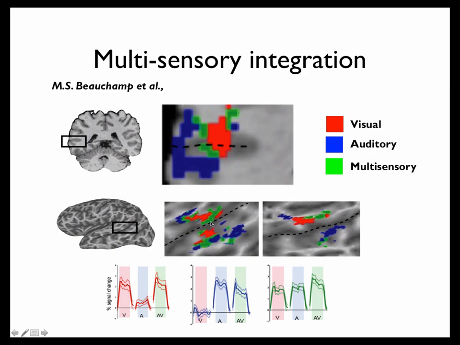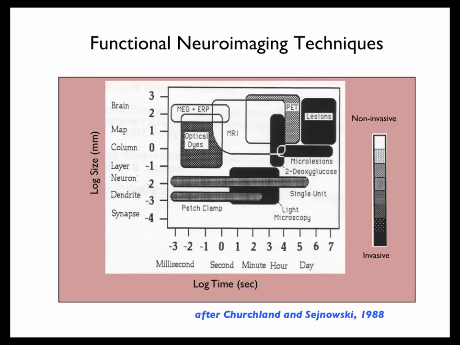Instead of having these blobs of activation that are easily differentiable, you start to have this interdigitated, detailed activation that's very hard to make sense of. You can't just average it in 3 dimensions and across subjects and say, oh, there it is. It's hard to find a center of mass for it too, but basically it's the way the brain is organized at this lower scale that we're getting at.